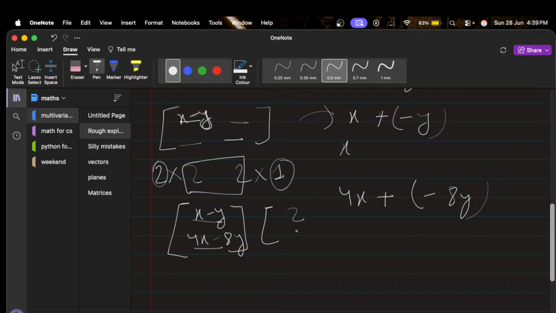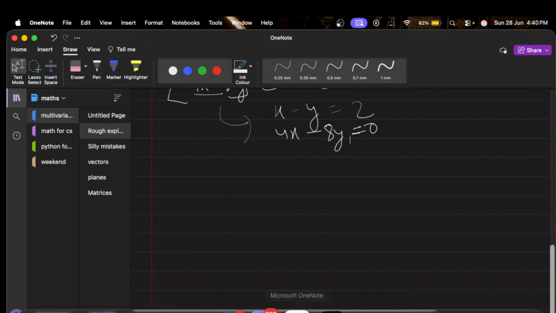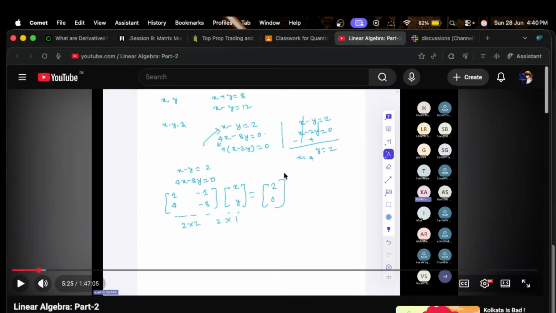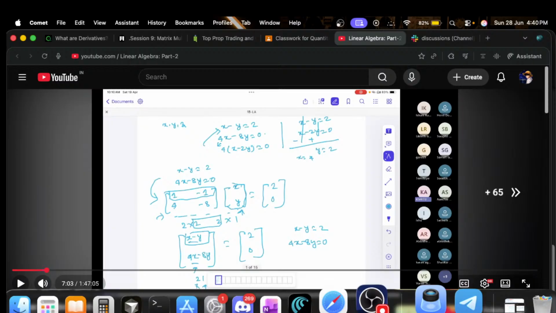This equals 2 and 0. So basically x minus y equals 2 and 4x minus 8y equals 0. That's it. Okay, I solved this thing. Same answer.